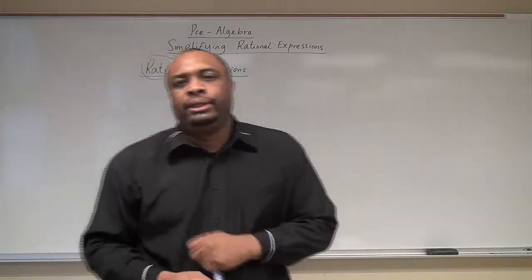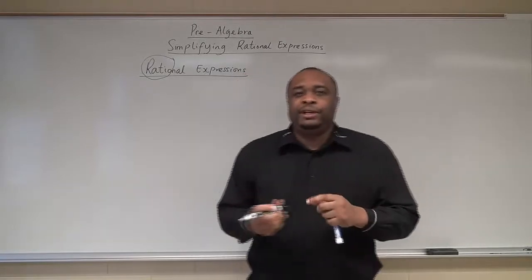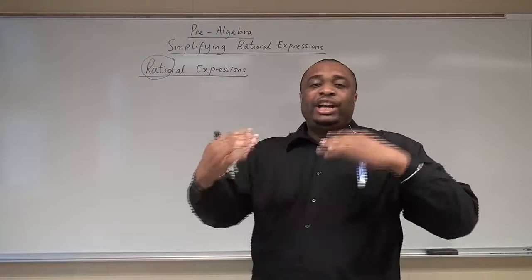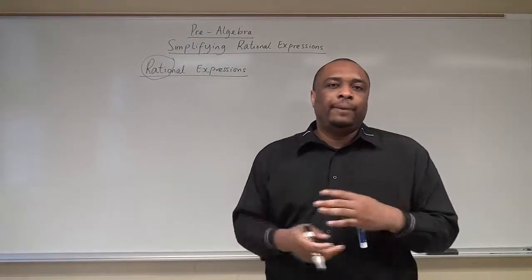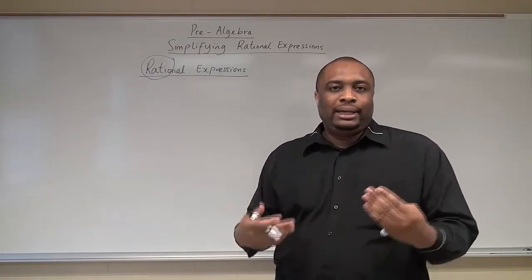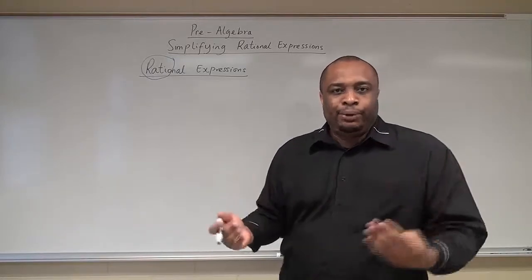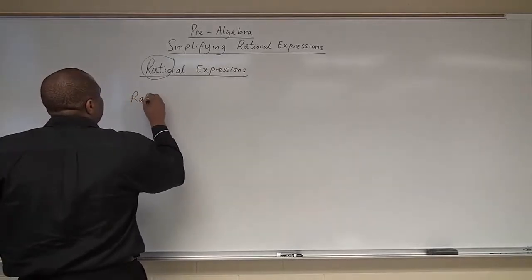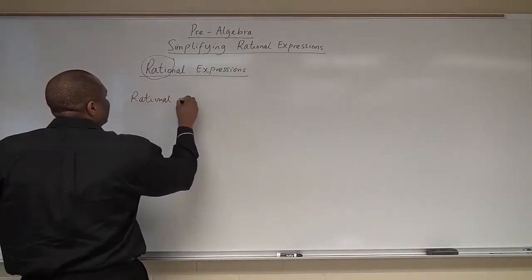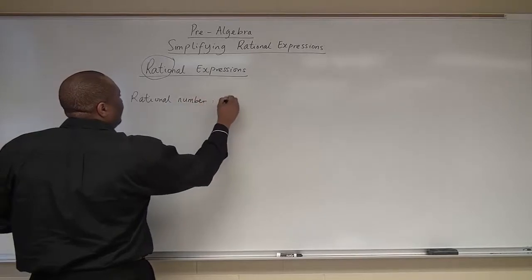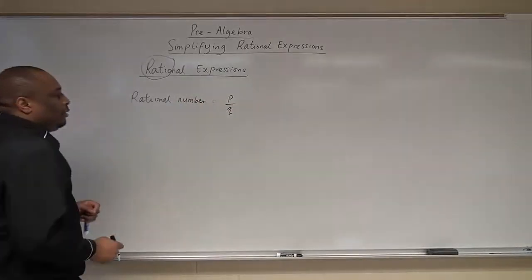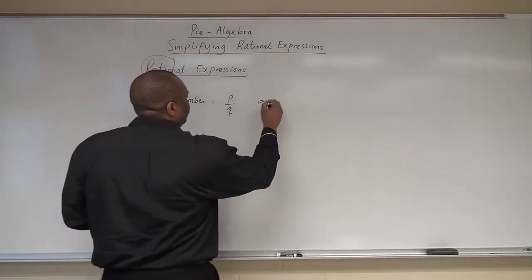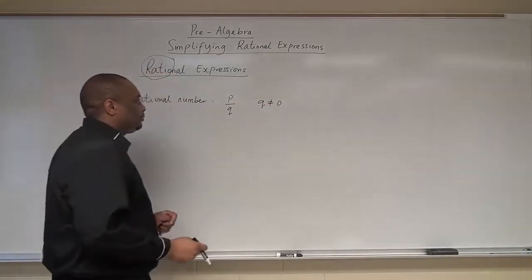If you can recall from the videos we did on numbers, a rational number can be expressed as P over Q, where Q is not equal to 0.